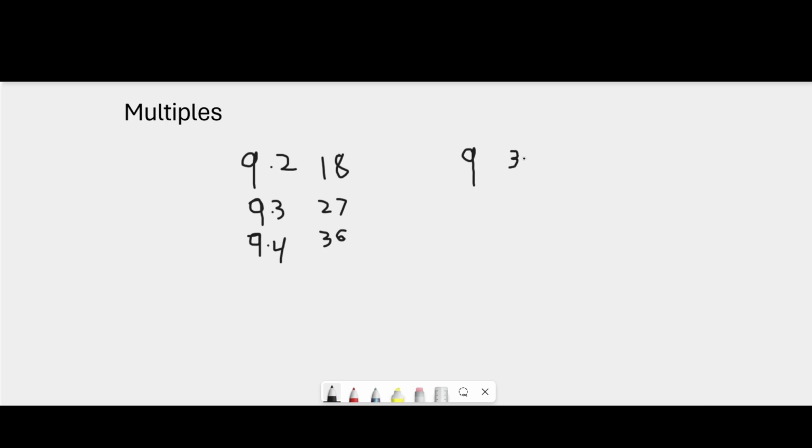It would be 3 times 3. So 9 is a multiple of 3 because you can multiply 3 to get it. So you can either say, what is a multiple of 9, or what is 9 a multiple of? Oftentimes, whenever you're looking at factoring, you're going to be looking at what is 9 a multiple of? That's going to be the main thing.